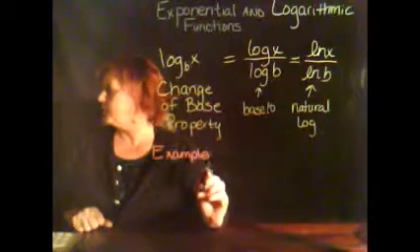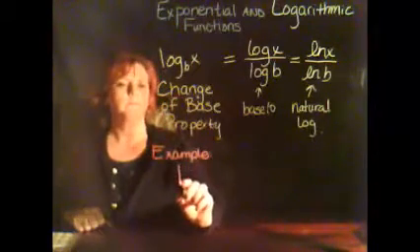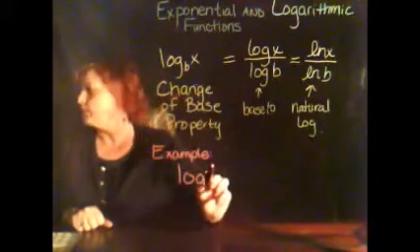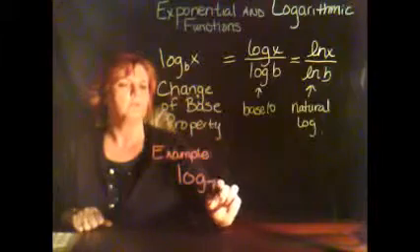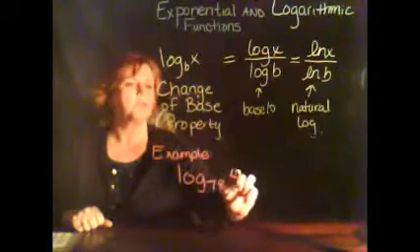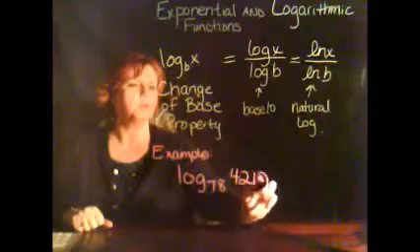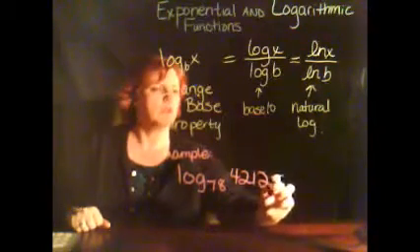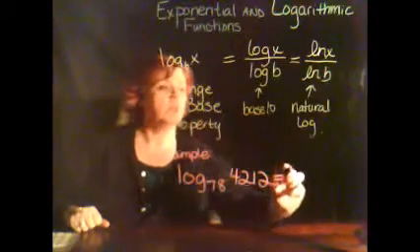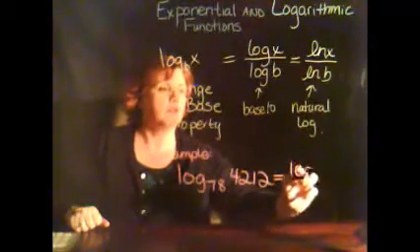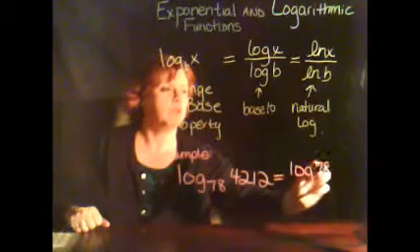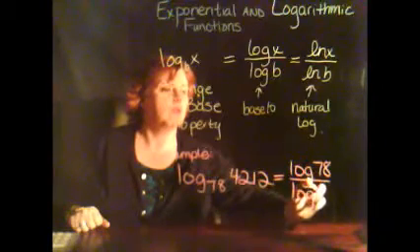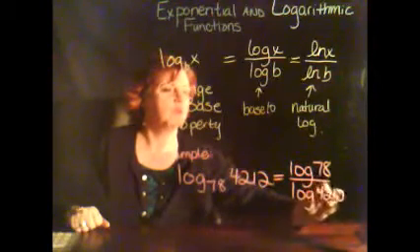My example is going to be log with a base of, let's make it large, 78 of 4,212. So what I'm going to type into my calculator is log 78 over log 4,212.